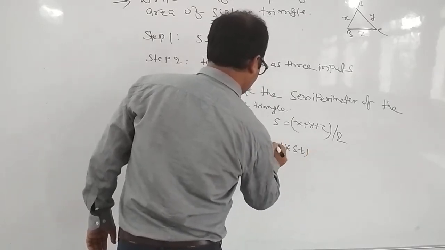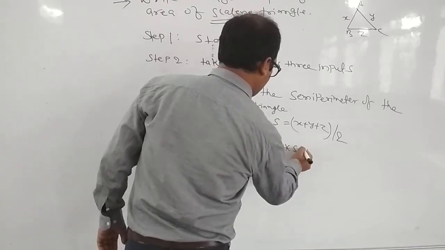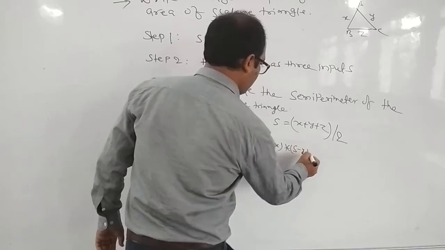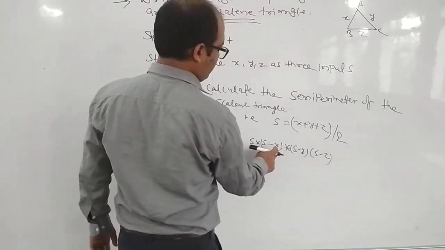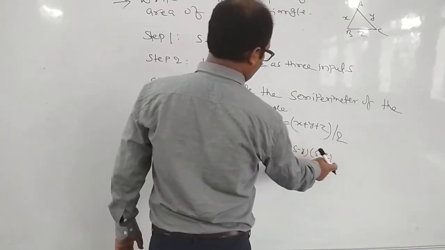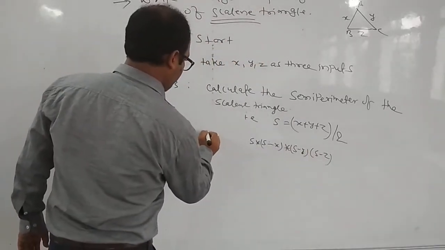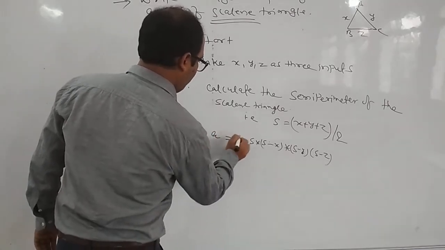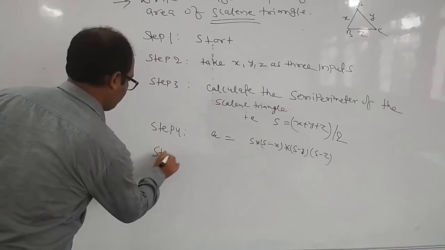Here not a, here x, here y, here s minus z. So s into s minus x into s minus y into s minus z. Take this one as a, equal to this.